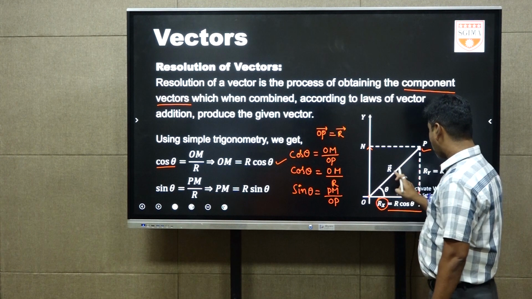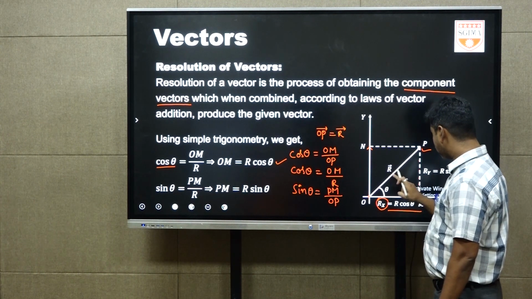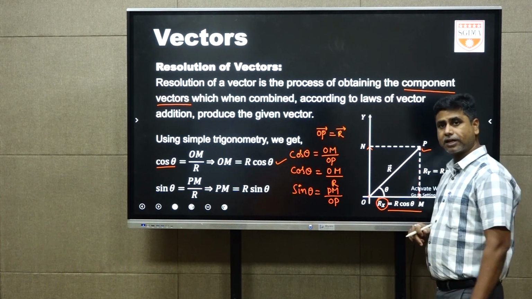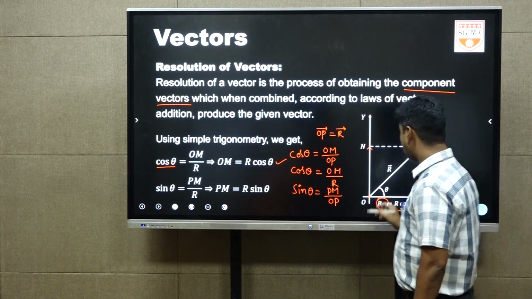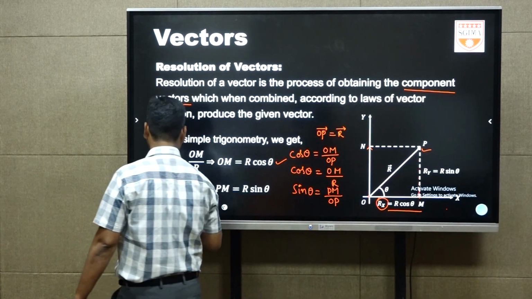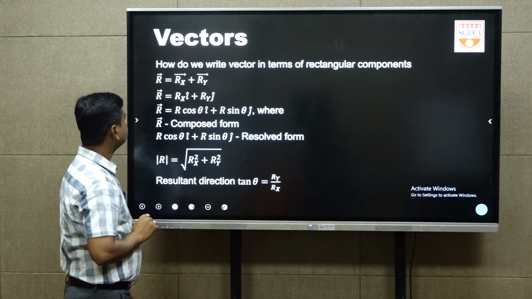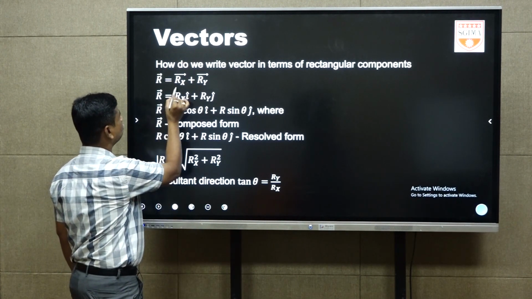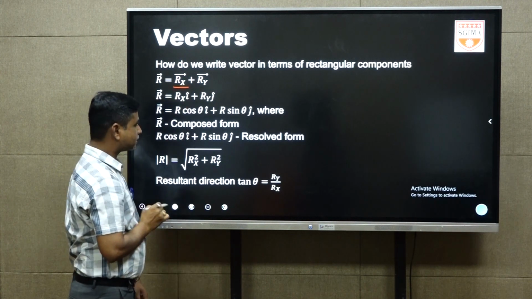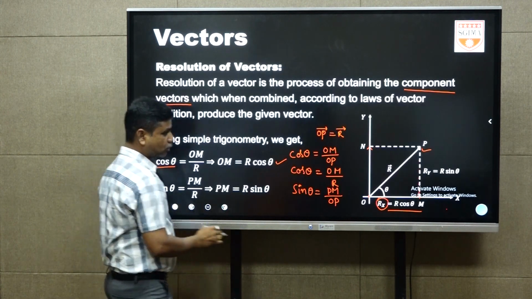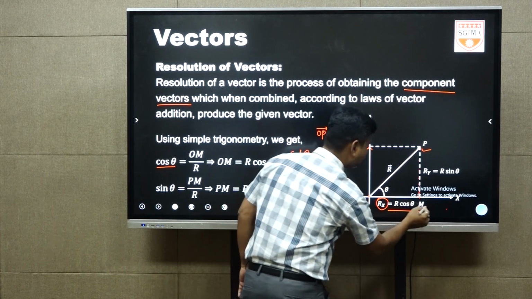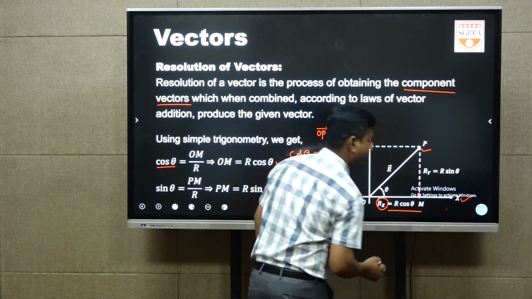Then R bar is the resultant of Rx and Ry. So R bar equal to Rx bar plus Ry bar. Then R bar equal to Rx. In which direction does Rx act? In the diagram, Rx acts along the x axis.